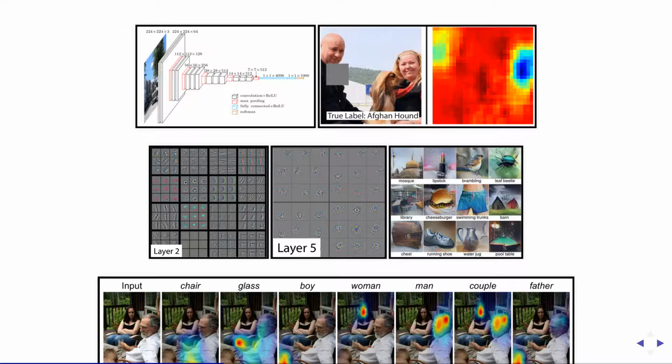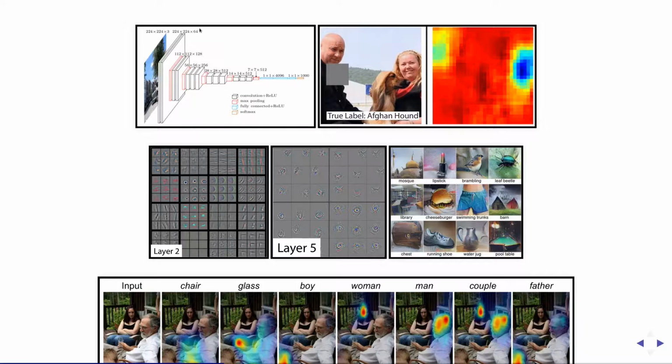So in the left-hand corner we've got a diagram of a CNN. Each of these blocks represents a layer, and layers are generally 3D. So here we've got a 224 by 224 by 64 block sized layer.